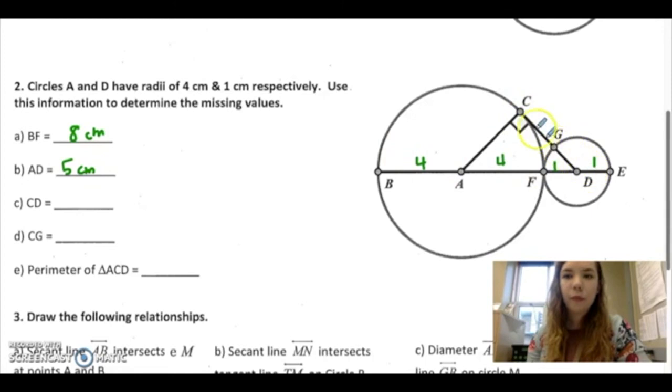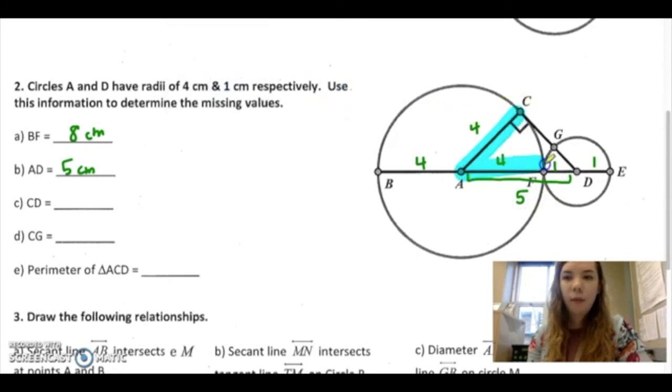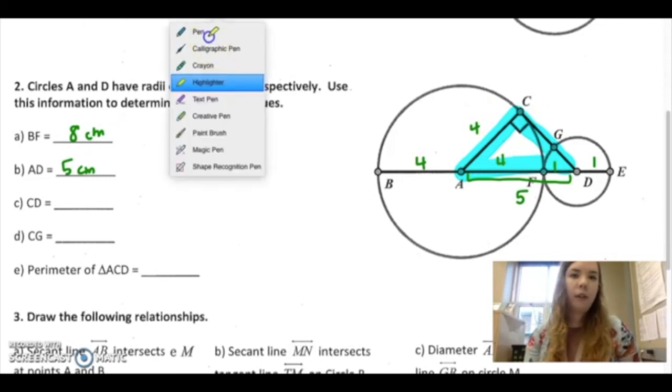CD, so this one will actually have to use the Pythagorean theorem. This would also be 4 because it's a radius. This whole length is 5, and we're trying to find a leg of this right triangle. So I would do 5 squared minus 4 squared is 9, and the square root of 9 would give us 3.